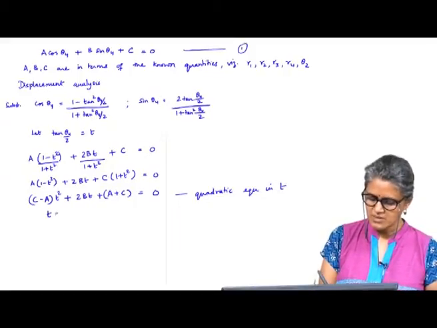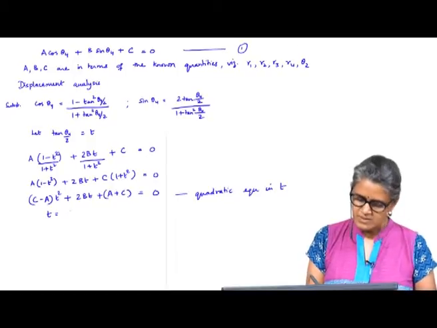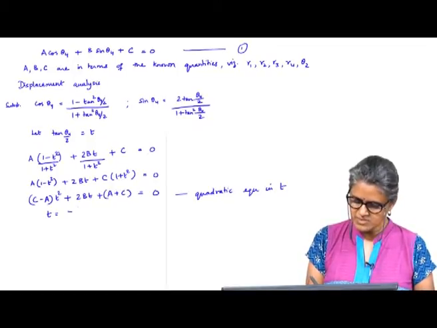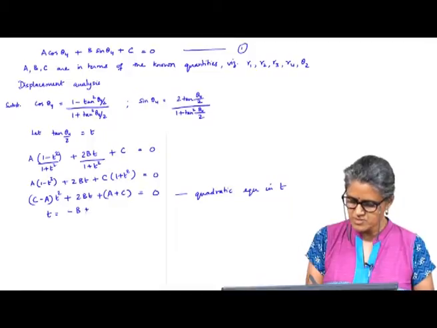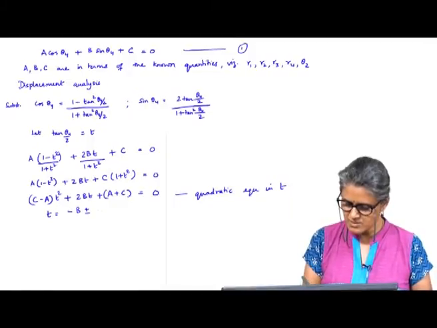So, T is minus B plus or minus, there will be a 2B, it will get cancelled.